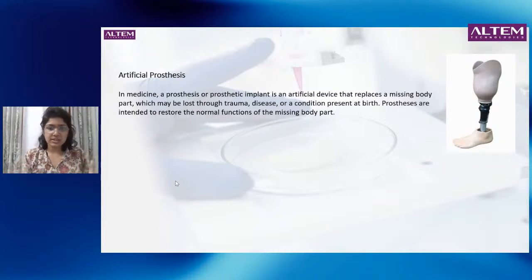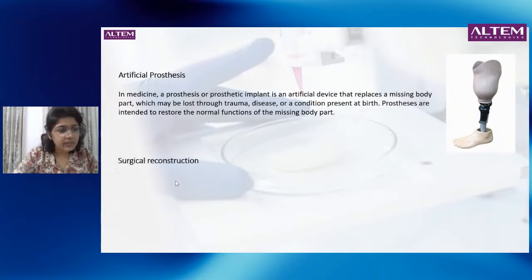Now, these processes are intended to restore the normal functionality of the missing part of the body. And then you also have conventional treatments apart from prosthesis, which were initially developed in terms of technology advancements. The other being surgical reconstruction.